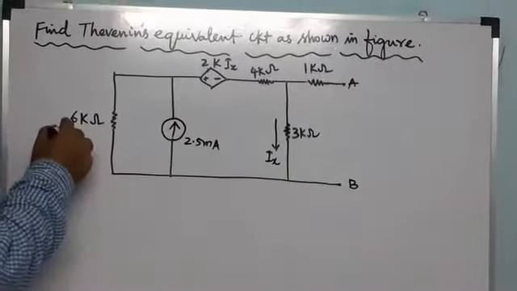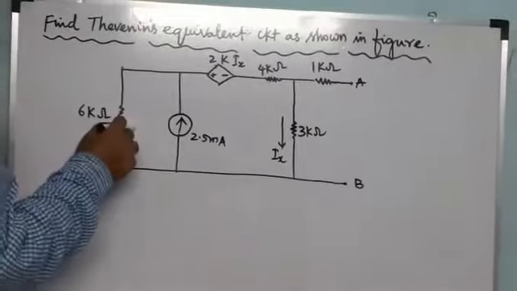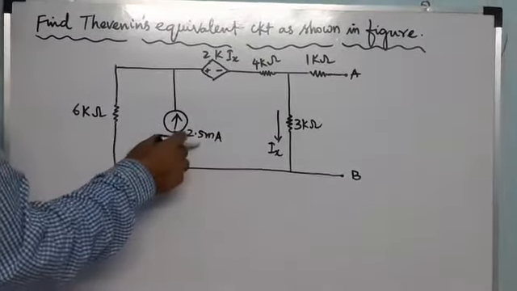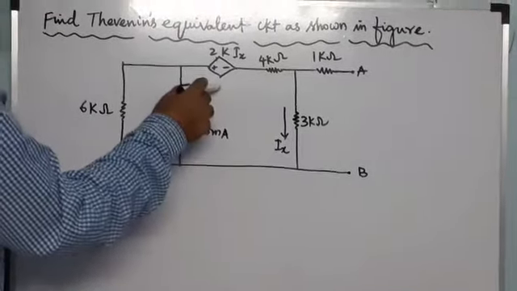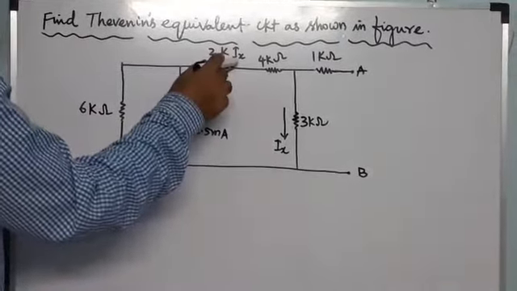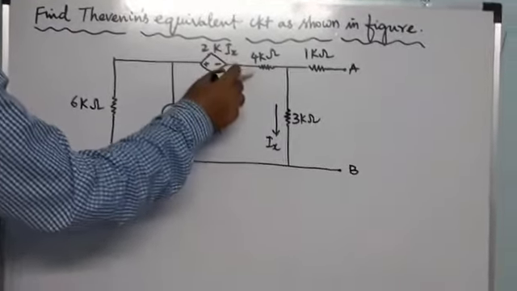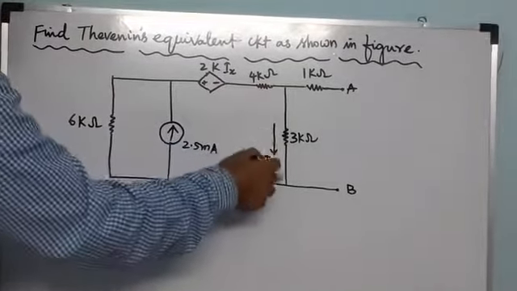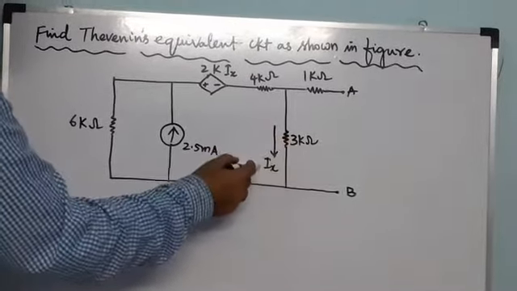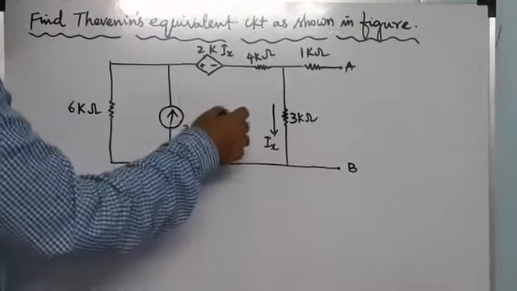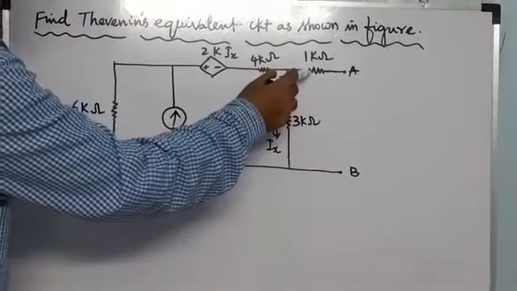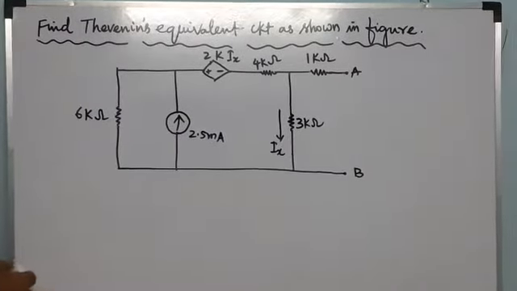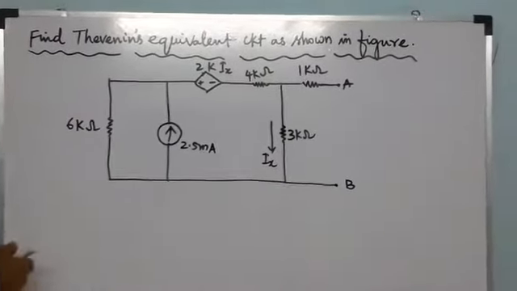In this figure, a 6 kilo ohm resistor is connected in parallel with an independent current source of 2.5 milliampere, and there is a dependent source 2k Ix along with a 4 kilo ohm resistor. A parallel 3 kilo ohm resistor is connected across this loop, and outside there is a 1 kilo ohm resistor. This is the problem across the AB terminals. Now I will give the solution.